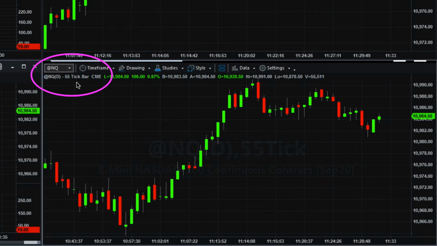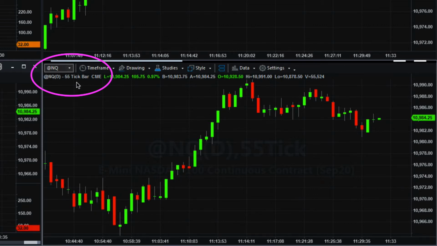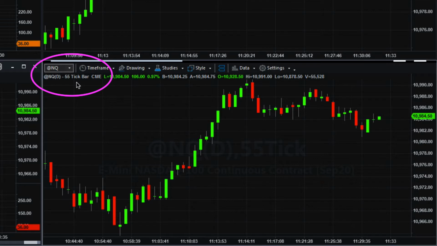So in a fast-moving market, imagine the start of a trading session, and just to put this into context, we are trading on Globex here at the moment. So this is purely electronic, not with the cash markets open.